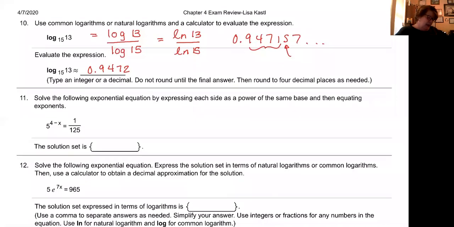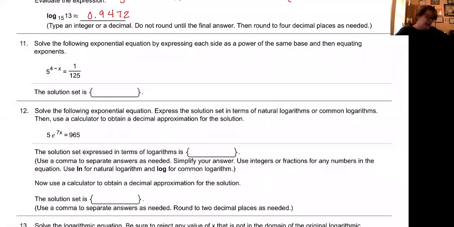All right, problem 11. Solve the following exponential equation by expressing each side as a power of the same base and then equating exponents. So this is the method we learned to solve exponential equations. It's called the matching base method, where you match the base on the left-hand side and the right-hand side of the equation.